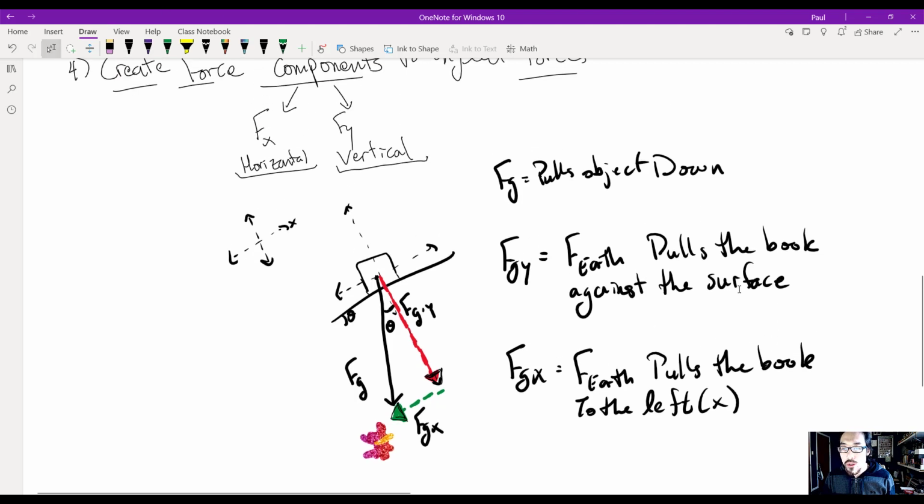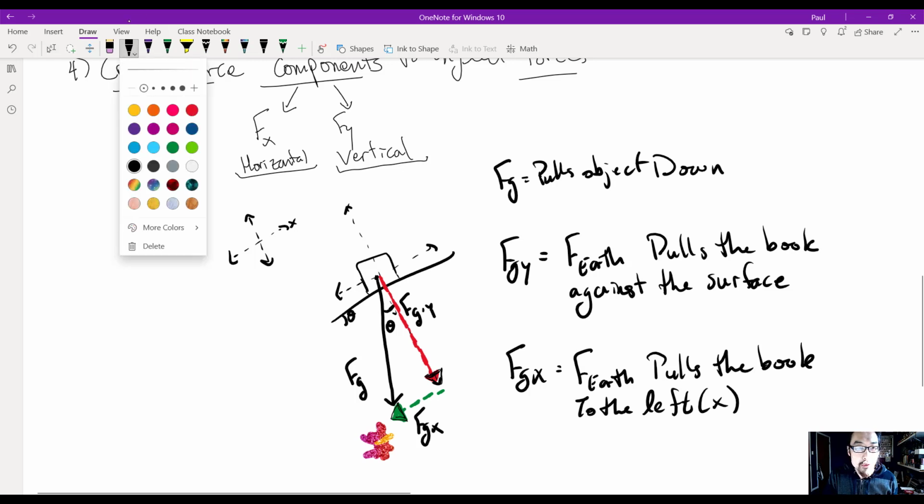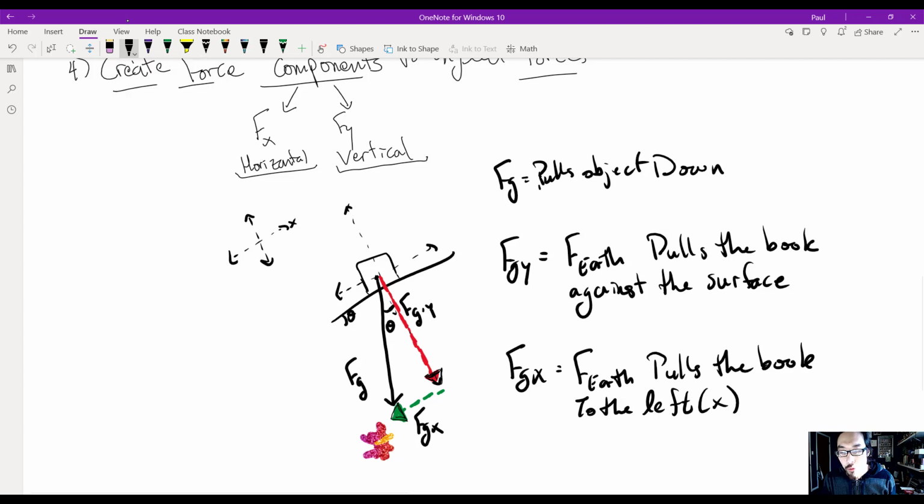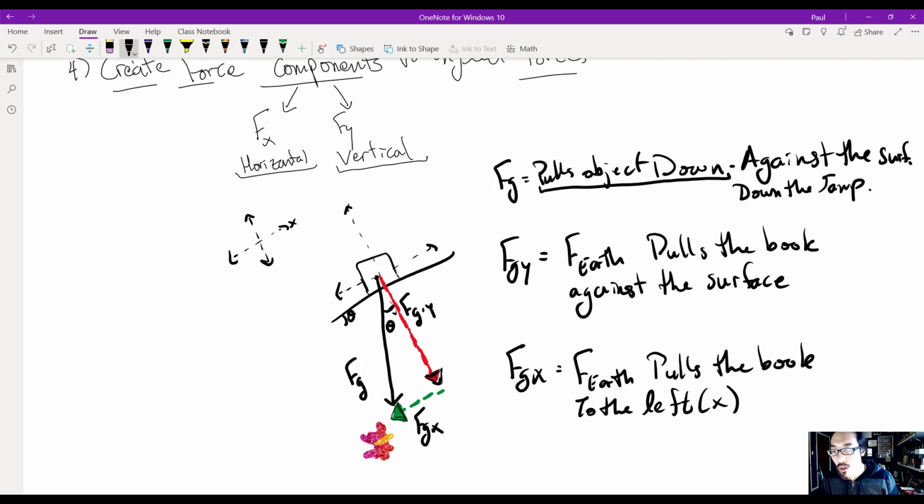And if we were to continue our definition of FG for this situation, we can say not only does the force of gravity pull the object down, with respect to our scenario, it pulls it down against the surface and down the ramp, or I guess down and to the left of the ramp.